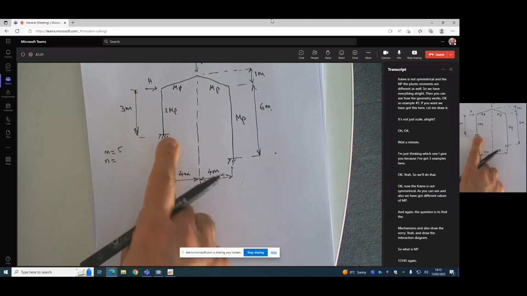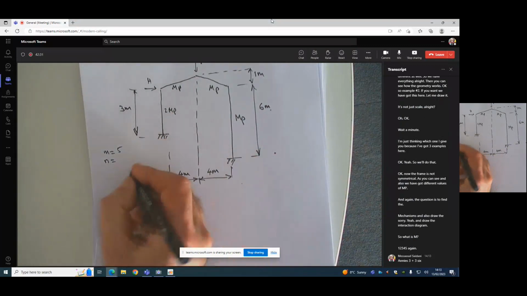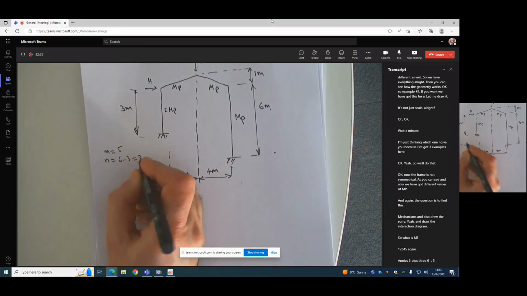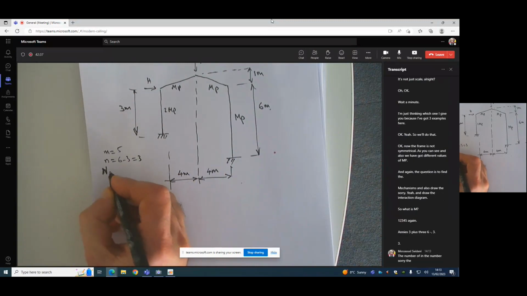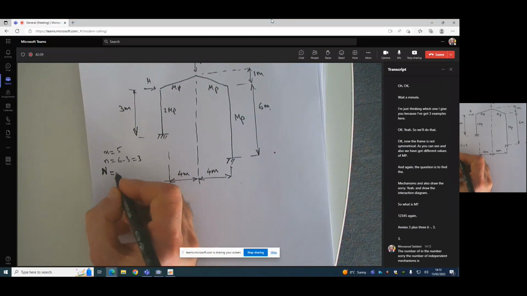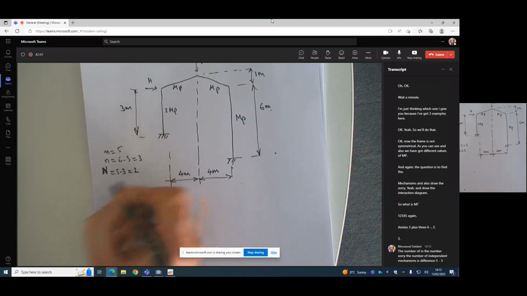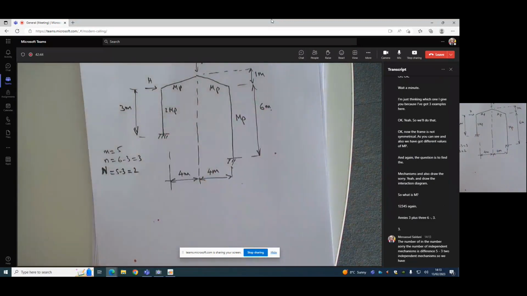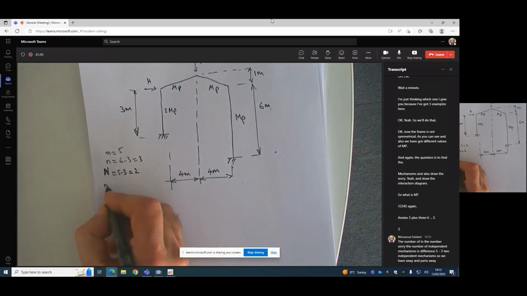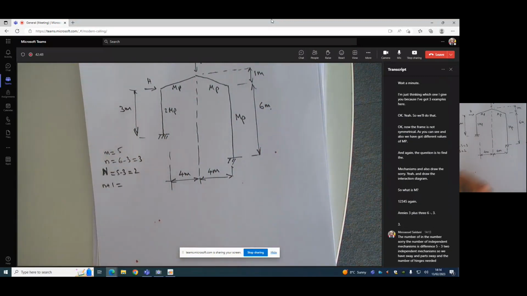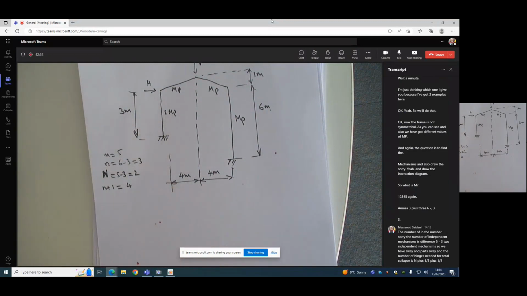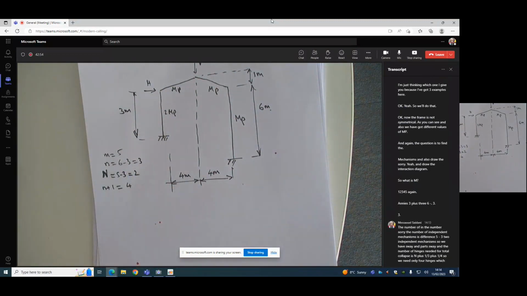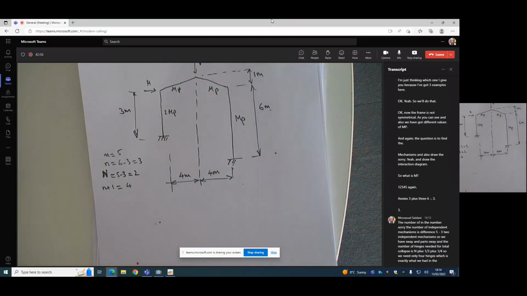N is 3 plus 3, 6, minus 3, 3. The number of independent mechanisms is the difference, 5 minus 3, 2 independent mechanisms. So we have sway and part sway. And the number of hinges needed for total collapse is N plus 1, 3 plus 1, 4. So we need only 4 hinges, which is exactly what we had in the previous example.